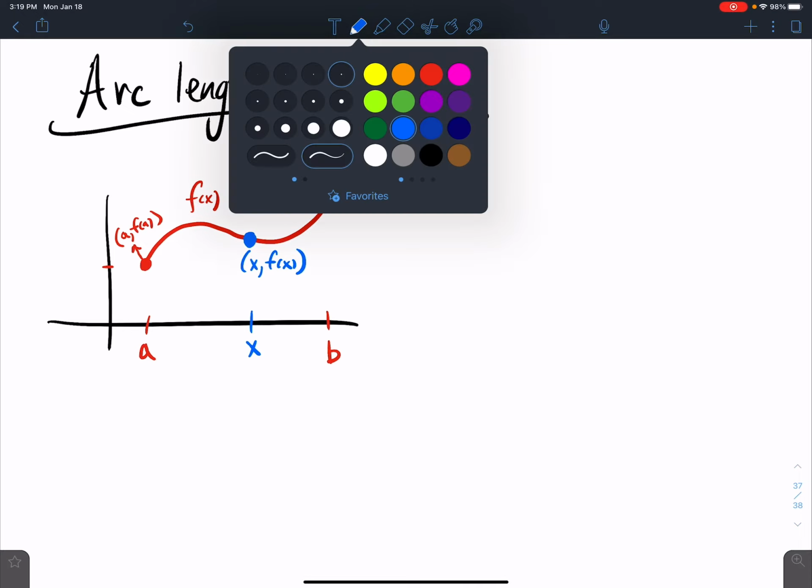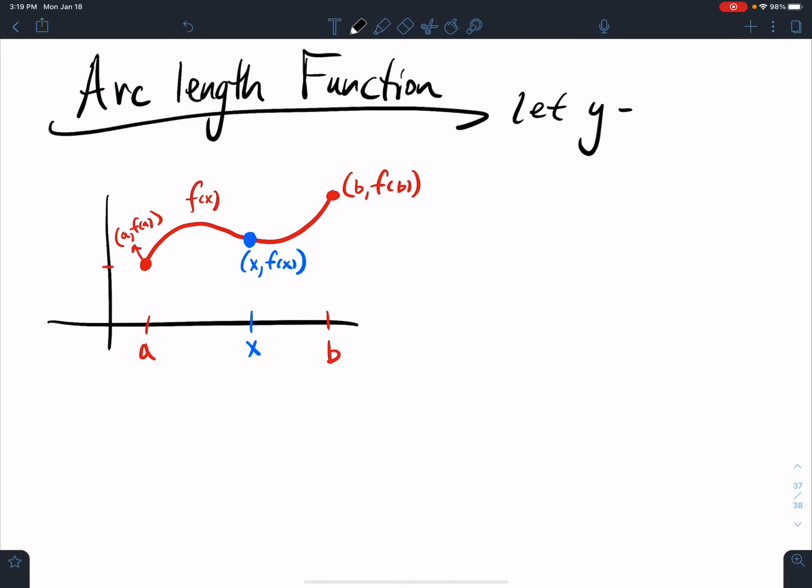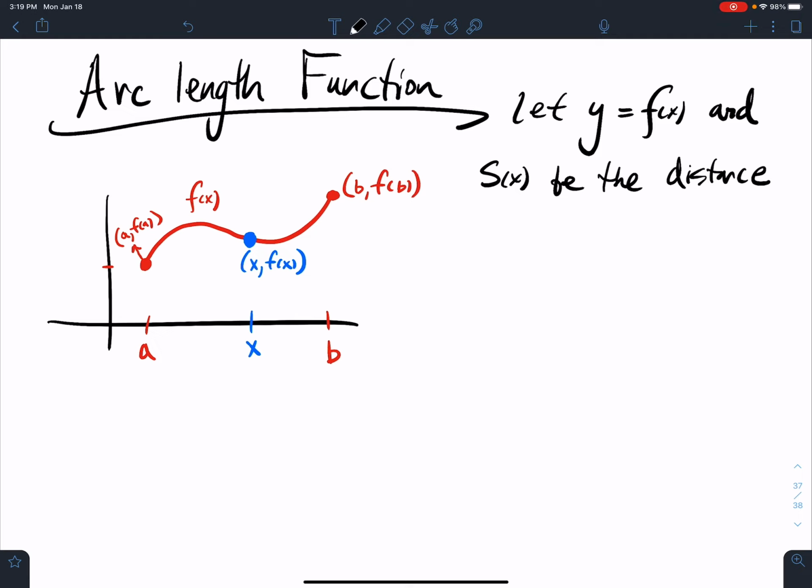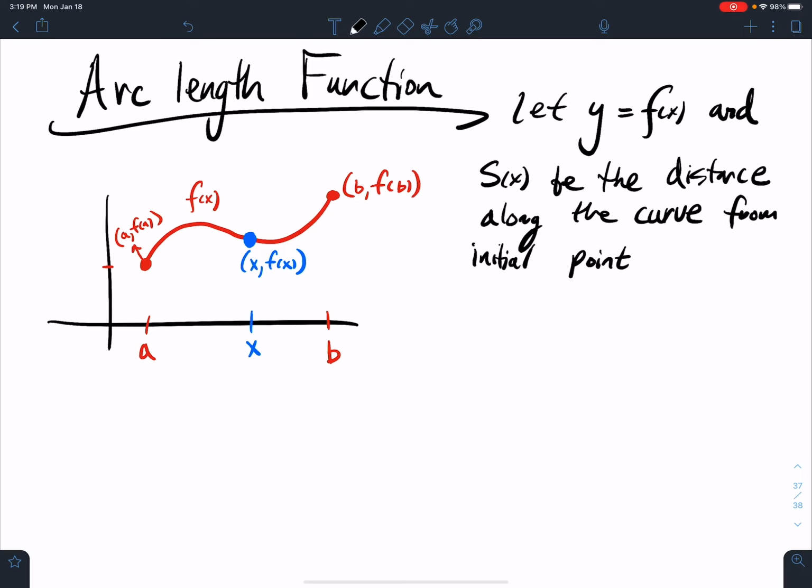Now, I'm going to let y equals f of x, and let s of x be the distance along the curve from the initial point P naught, which is going to be a comma f of a.